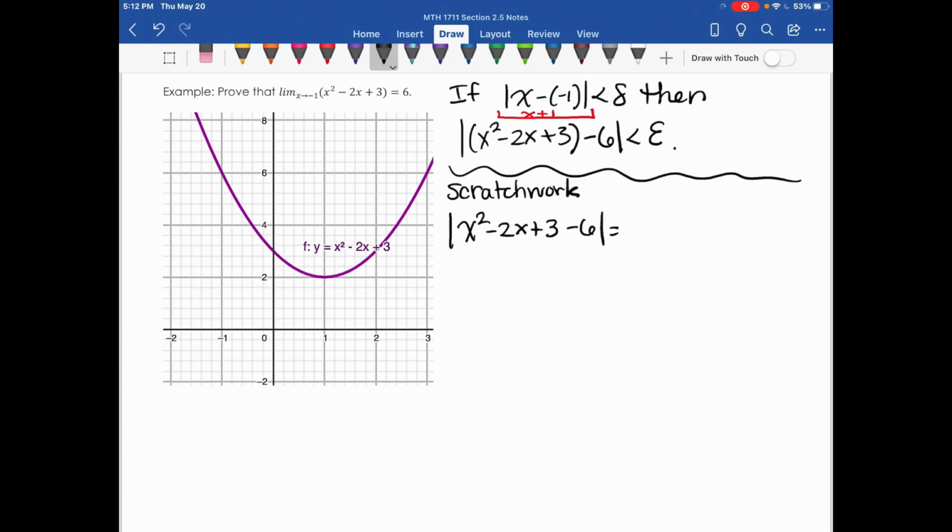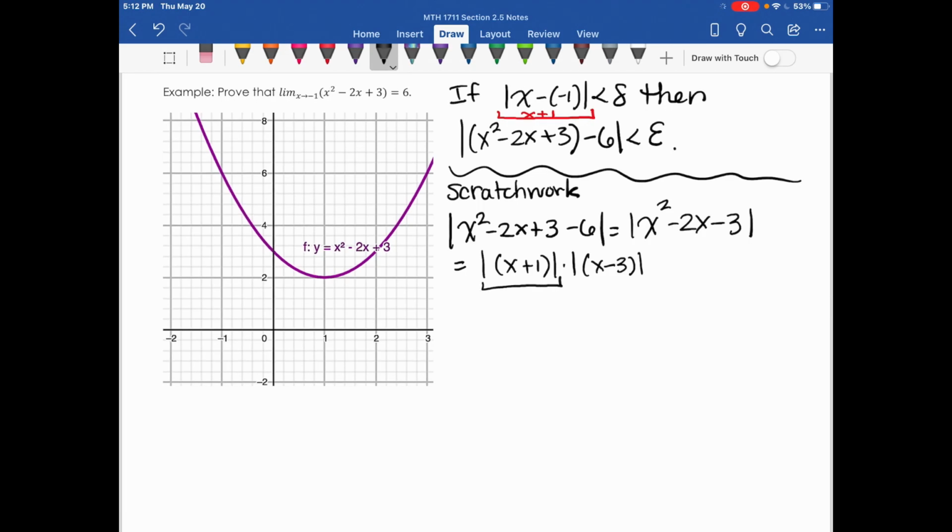That way we can figure out what our delta is going to be. So this gives me x squared minus 2x minus 3, which we can factor as x plus 1 times x minus 3.